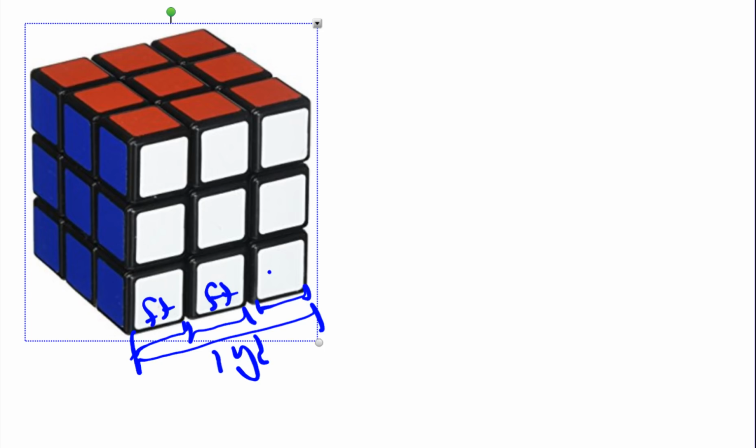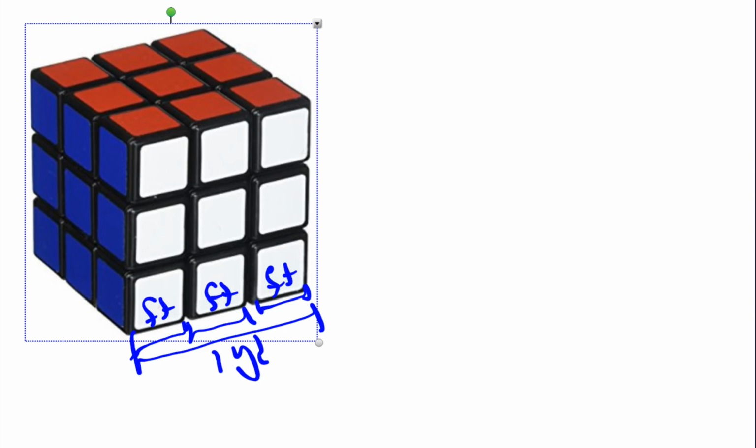We're going to use our friend here, the Rubik's Cube, just to demonstrate this example. As you can see here on the side of the Rubik's Cube, this length right here could be represented as 1 yard in our example, or 3 feet.